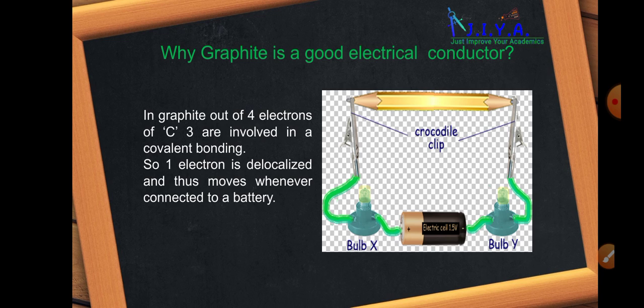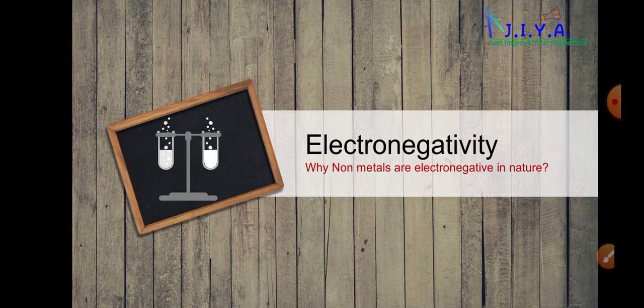That is, this one valency of carbon is delocalized between the rings of the graphite and this electron is mobile in nature. Thus, it helps in the conduction of electricity. But if we talk about the other allotrope of carbon, that is diamond, it does not have any free or mobile electron. Except graphite, no other nonmetal can conduct electricity. All nonmetals except graphite are poor conductors of electricity.